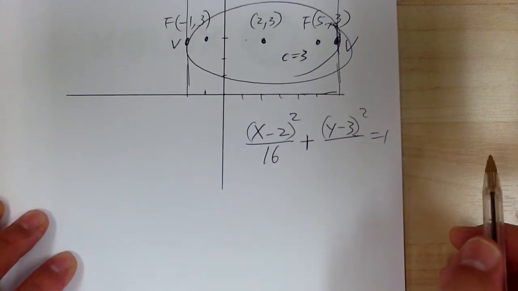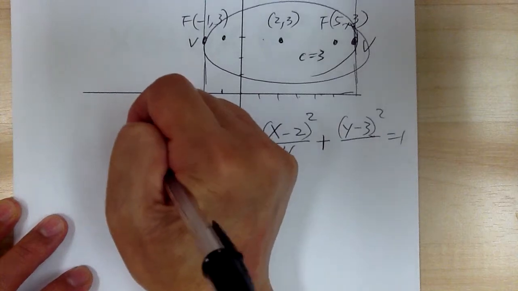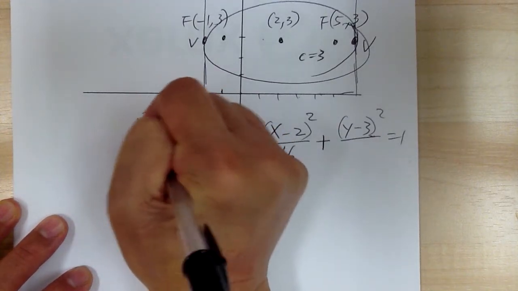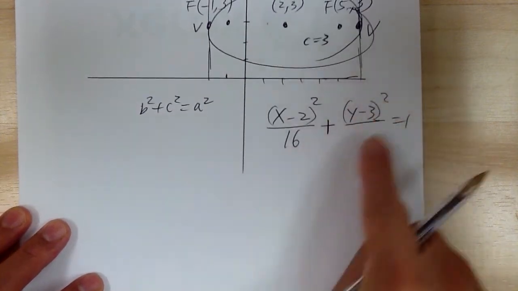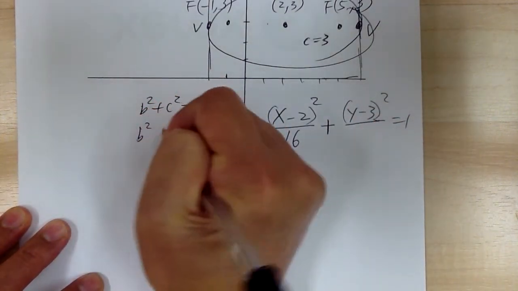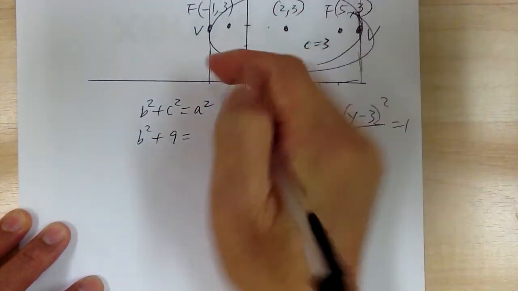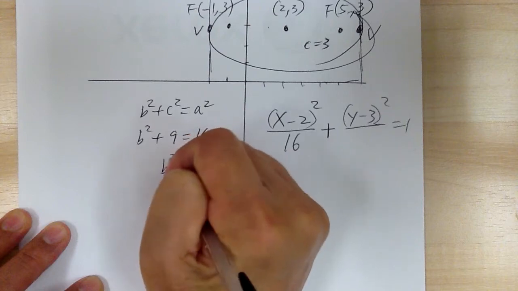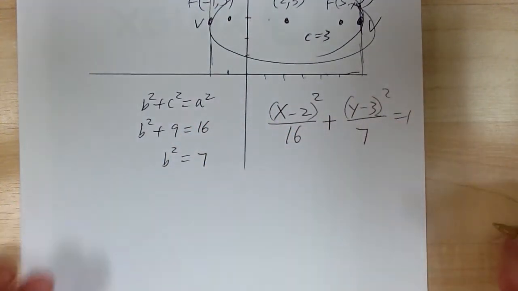Now you have to use your Pythagorean Theorem to figure out the b. So it's b squared plus c squared equal to a squared. Substitute numbers in there. b is what you're looking for. c is 3, so it's 9. a is 4, so it's 16. So b squared equal to 7. So put 7 over here, and then it's done.